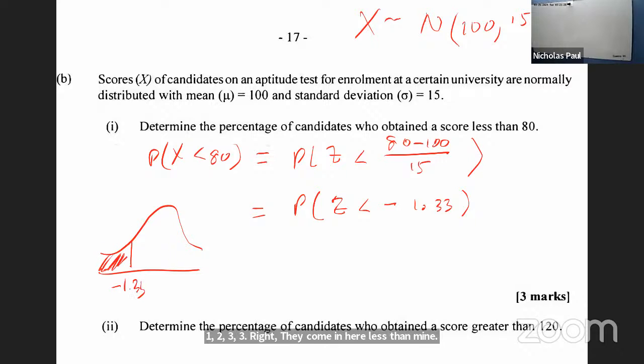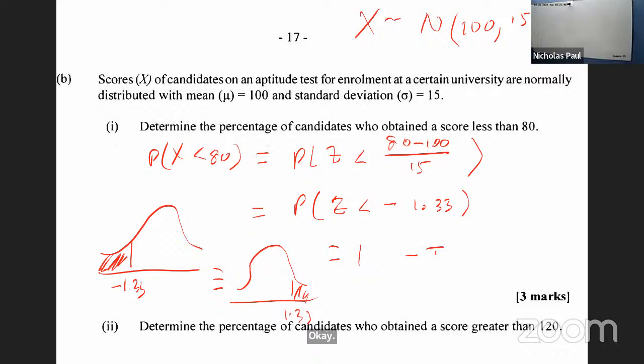Less than minus 1.33 is the same as greater than 1.33, which is 1 minus phi of 1.33. So go to the table and read off 1.33.